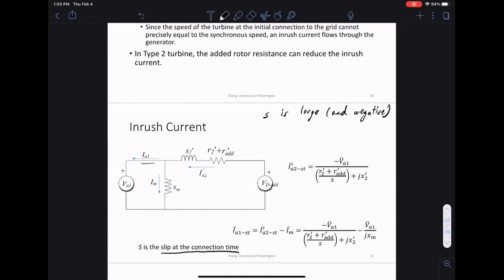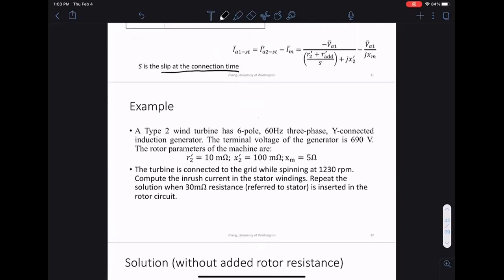So let's look at some numbers to compute the impact of this added resistance on the inrush current. This example, similar to before, is a type 2 wind turbine. I want to compute, with this 30 milliohms and without 30 milliohms, what is the starting current?